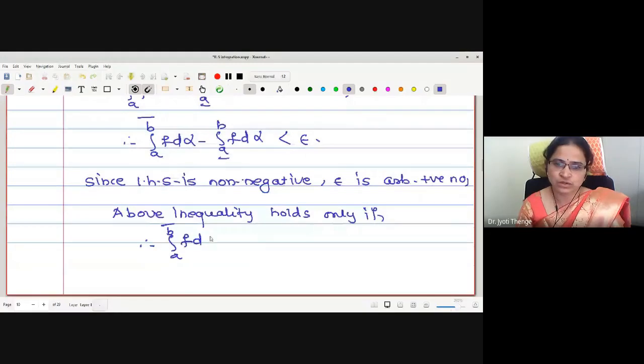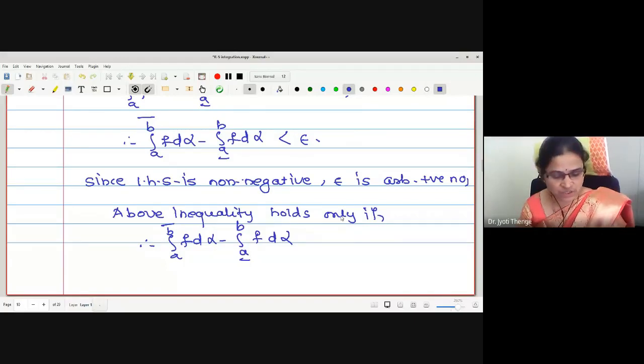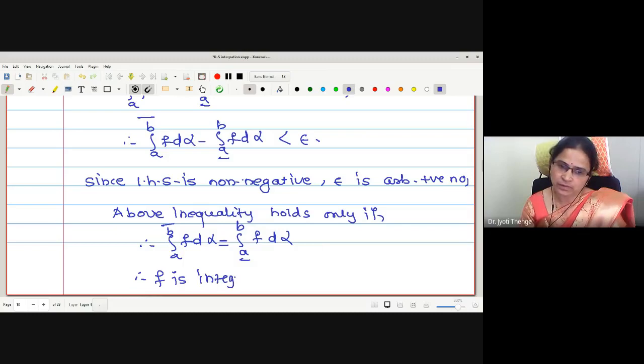If it is equal to 0, what can we say? Upper integral minus lower integral is equal to 0. Therefore the two are equal, and if these two are equal, the function is integrable with respect to alpha.